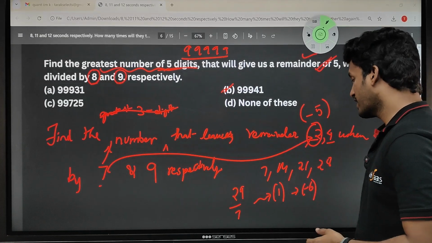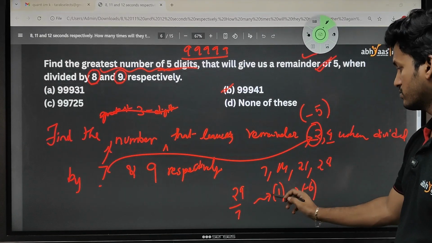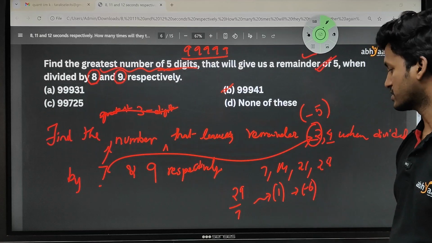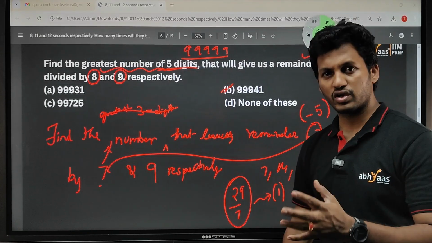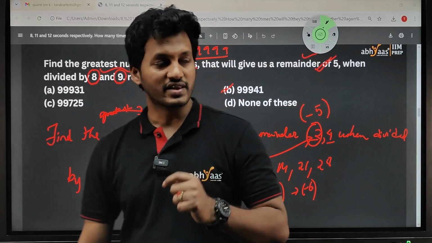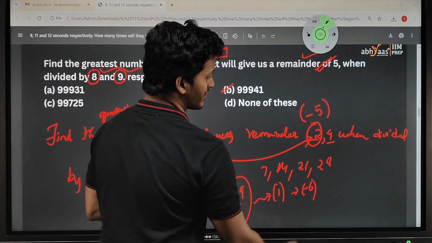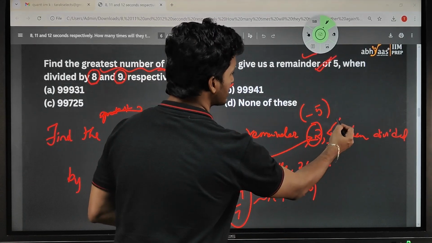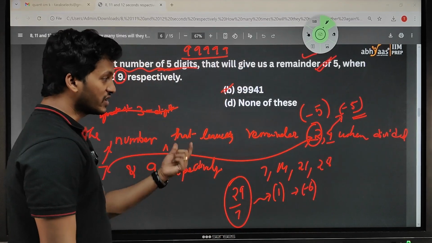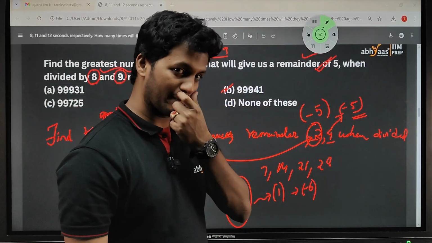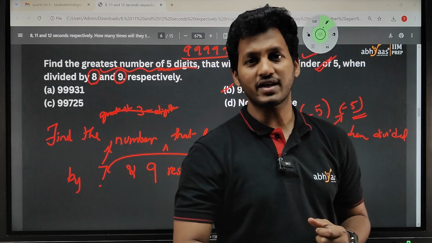That means if I add 6 to this or remove 1 here, the whole number will be divisible by 7, isn't it? So in that way, I can understand this as minus 5, and even the other one is also minus 5. So here the remainder is exactly the same actually, in both cases.